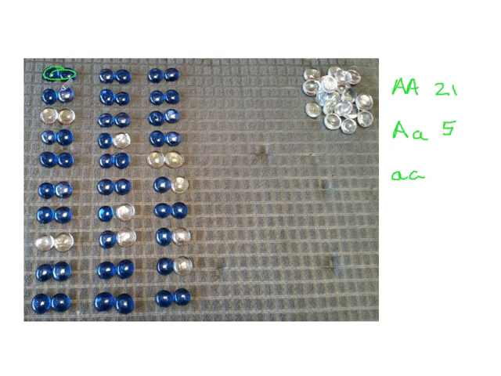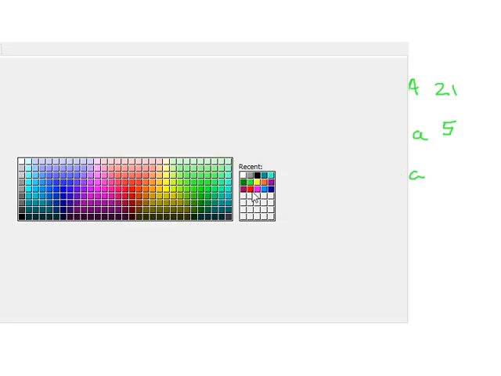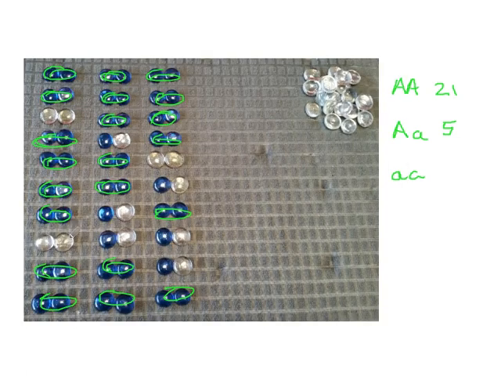I want to get these right. 1, 2, 3, 4, 5, 6, 7, 8, 9, 10, 11, 12, 13, 14, 15, 16, 17, 18, 19, 20. 21 was okay. Heterozygous, 1 there, 2, 3, 4, 5. Yeah, it was 6.